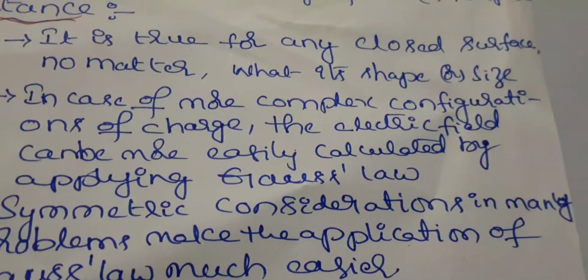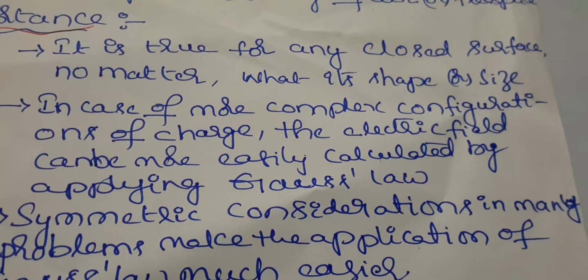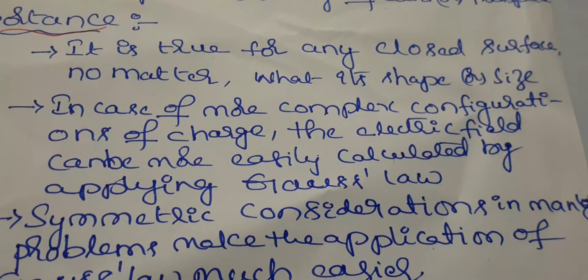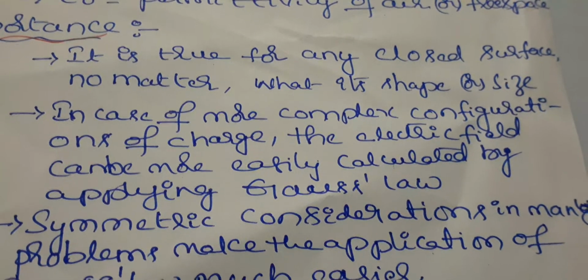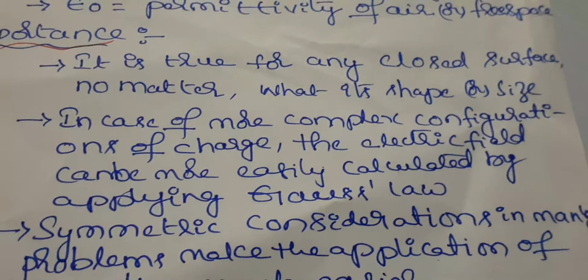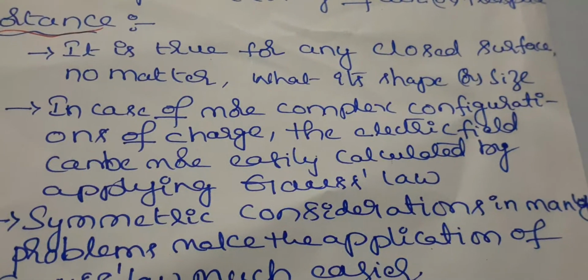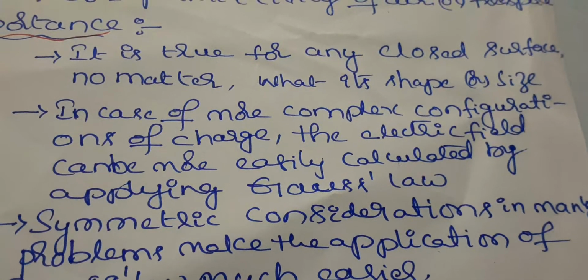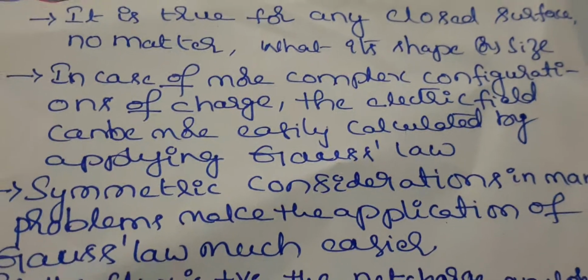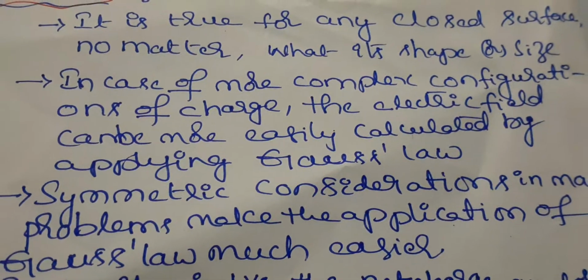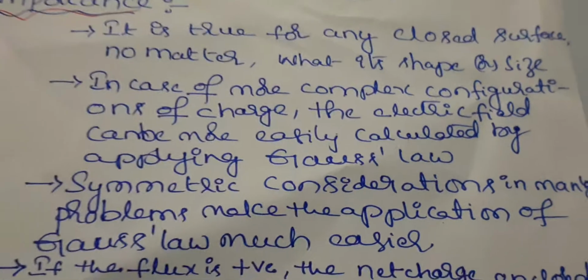In the case of a more complex configuration of charges, the electric field can be more easily calculated by applying Gauss's law. To calculate the electric field for complex charge configurations, Gauss's law is the most useful thing.